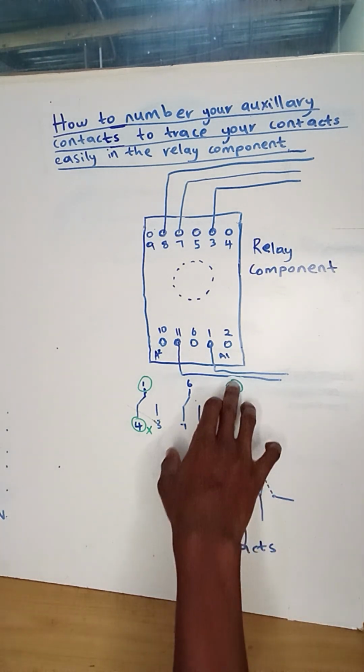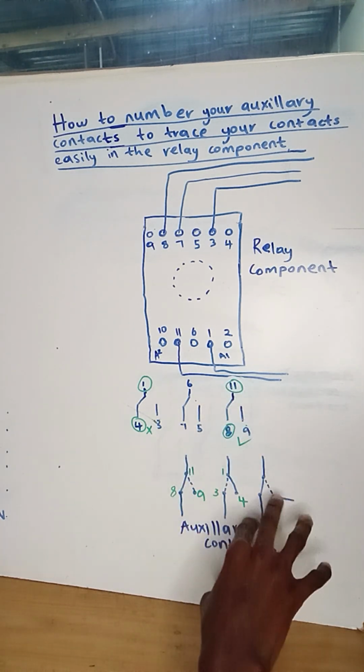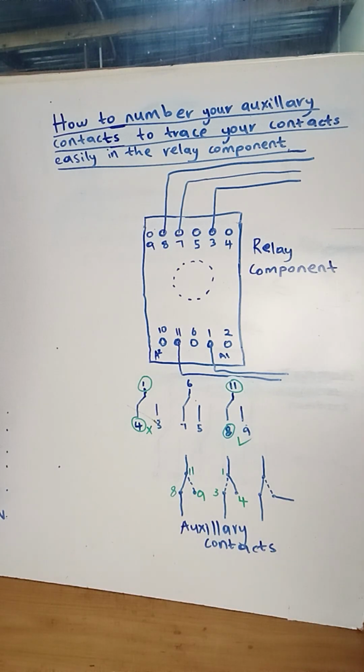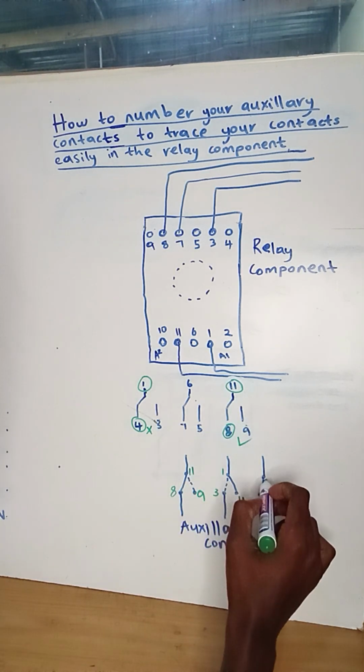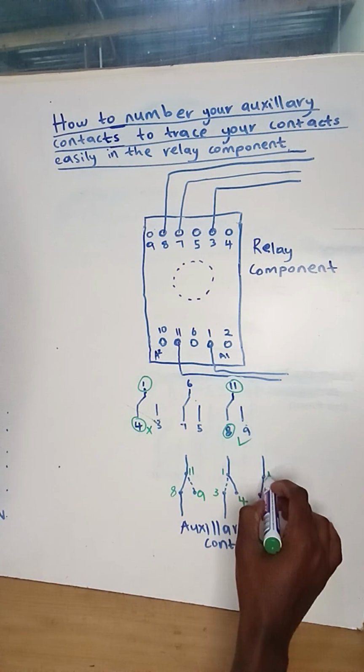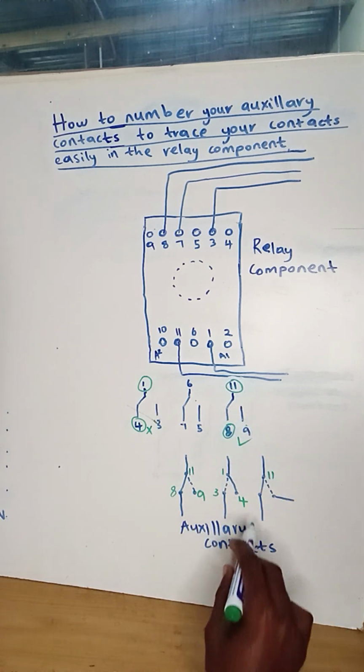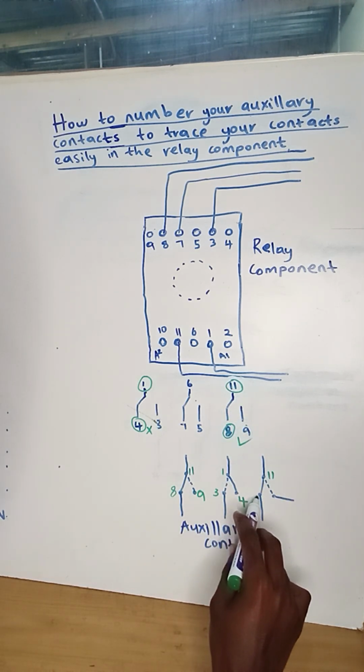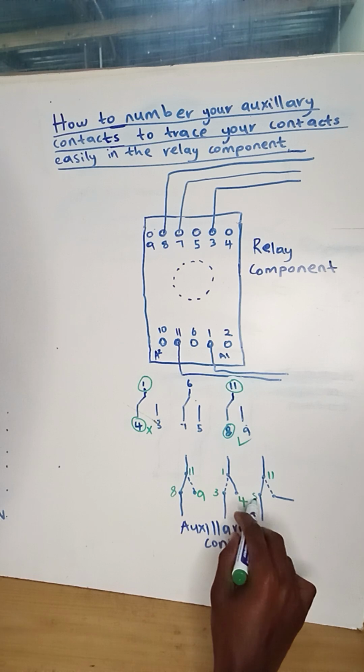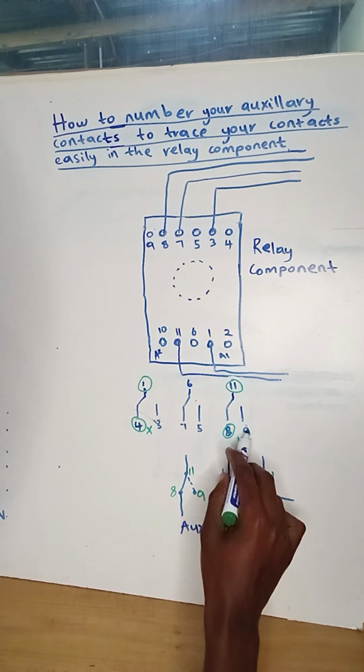So we will use this gauge and number it here. From the common, which is the top point, we have 11, then from the closed contact we have 8, and from the open contact we have 9.